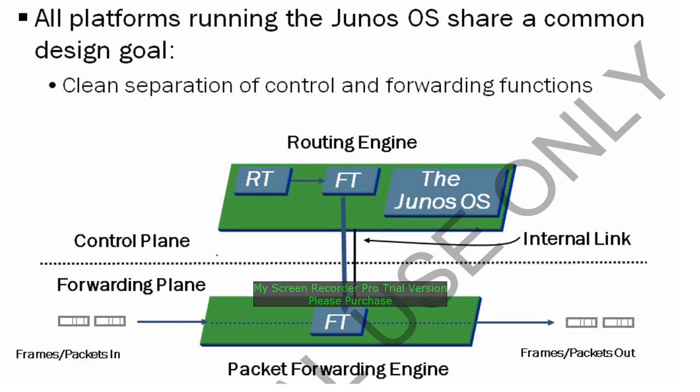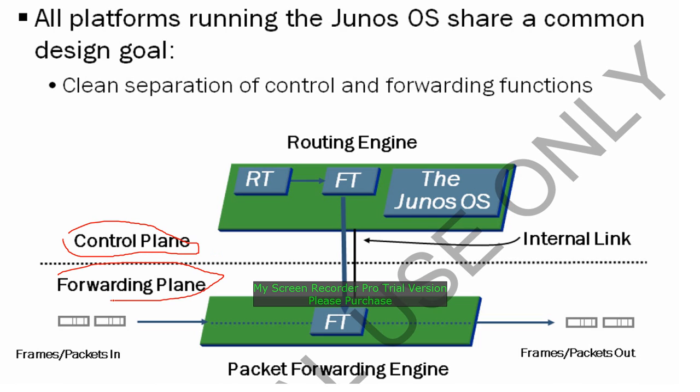Now this is architecture-based. The main design of Juniper OS is a clean separation of the control and forwarding planes. This is a logical diagram of how Juniper OS works. In Juniper OS there are two types of daemons, control plane and forwarding plane.